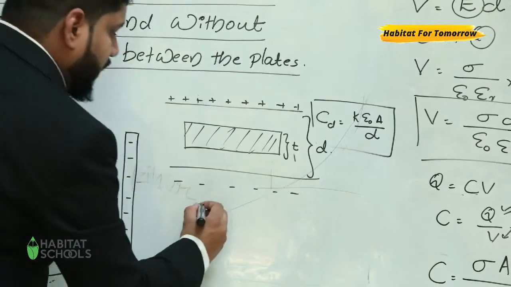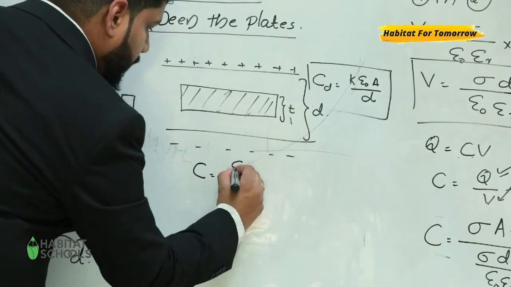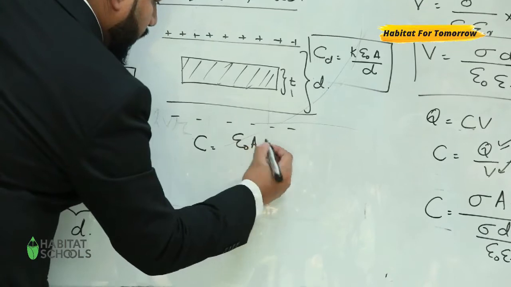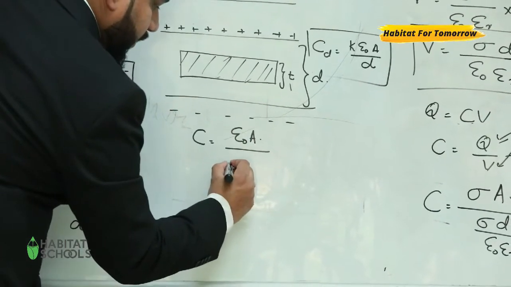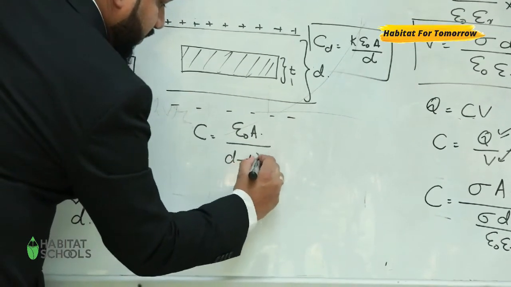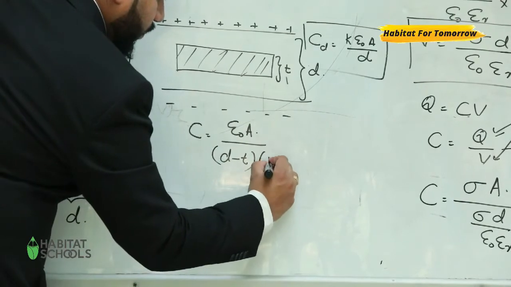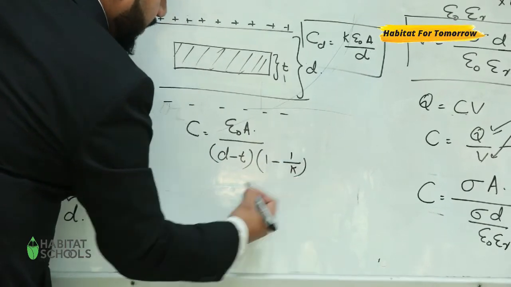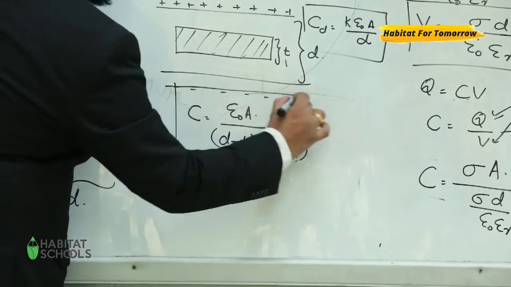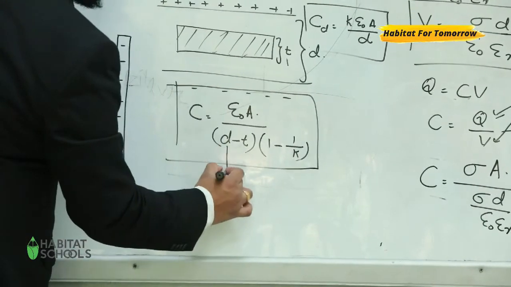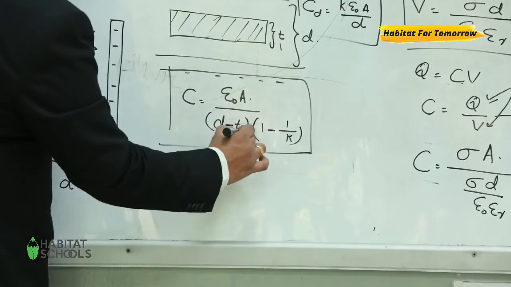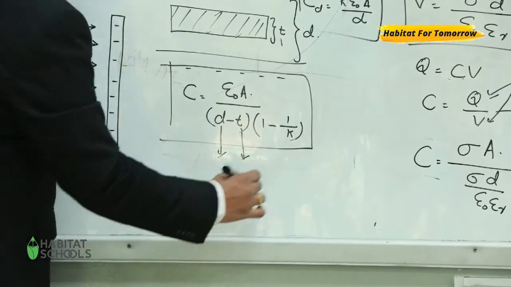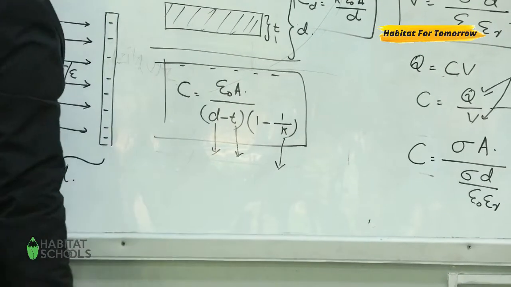That time capacitance C becomes epsilon 0 A divided by D minus T into 1 minus 1 by K. Okay, so here what is D? Distance between two plates. What is T? That is thickness, and K is dielectric constant.